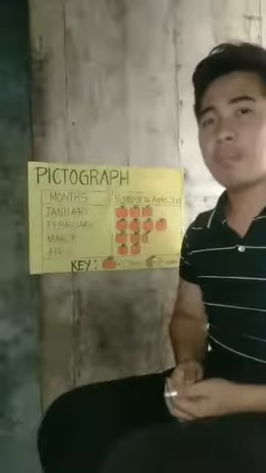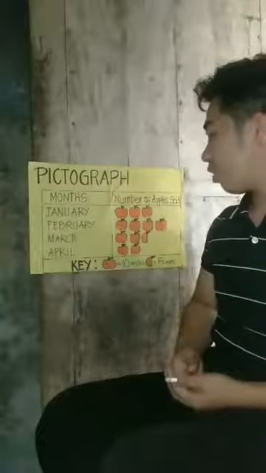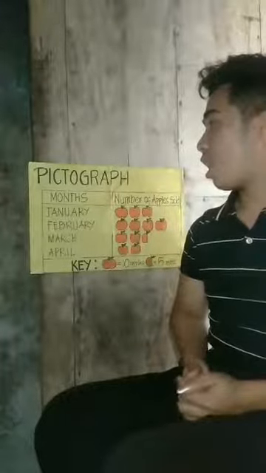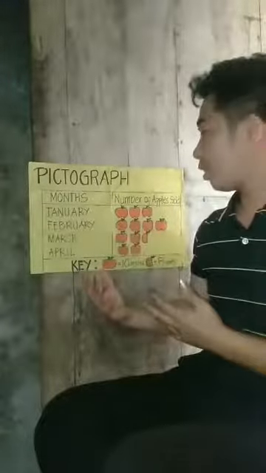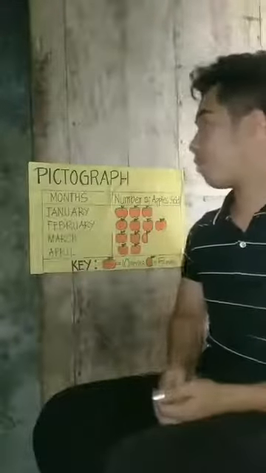So 10 plus 10 plus 5 equals 25 apples. And on April, there were 20 apples sold. So this is a representation of data in the form of pictograph.